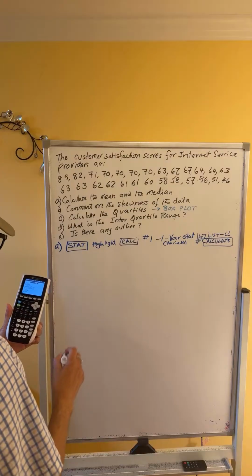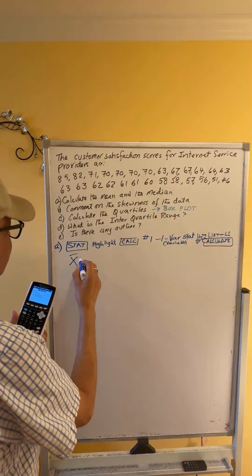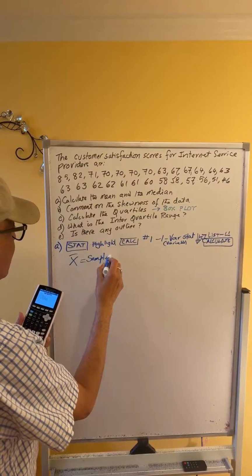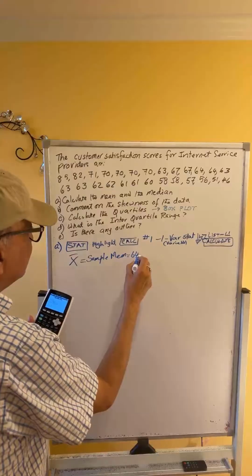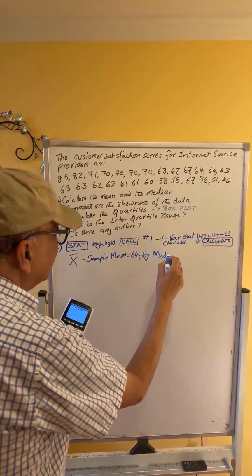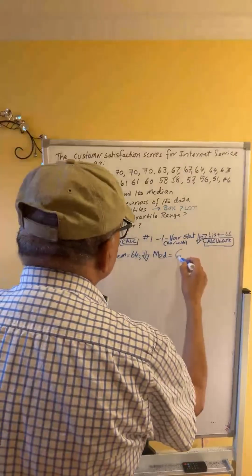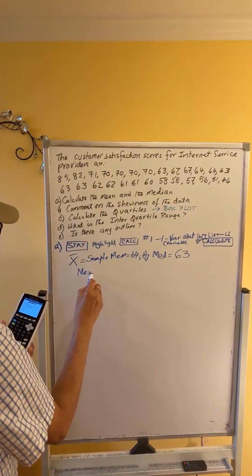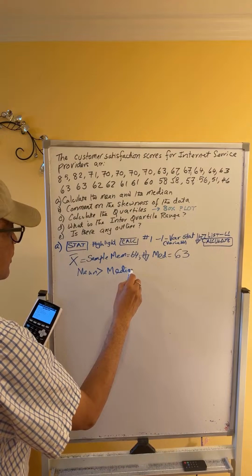Okay, so this is your mean. x bar, the sample mean, is equal to 64. To get the median, you have to scroll down to Med, which is in the second screen. The median is equal to 63. So the mean is slightly greater than the median, 64 and 63.